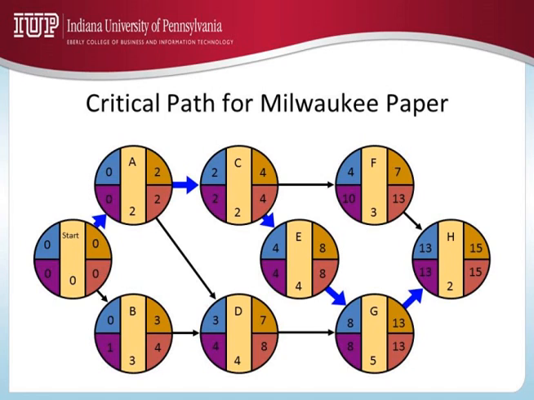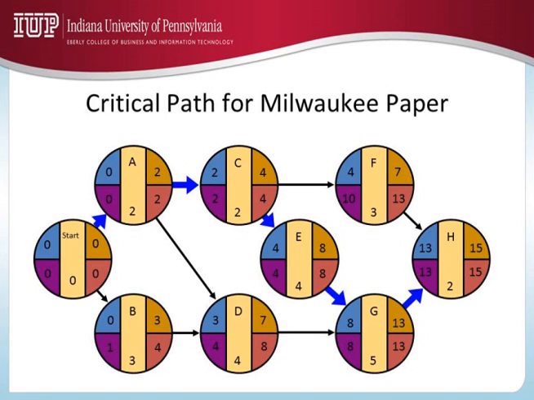I hope all of you said no, because B is not done until the end of third week, and it is also an immediate predecessor of D. So the earliest I can start D is 3 weeks, at the end of third week. So the earliest I can complete D is 7. 3 plus 4, 7.